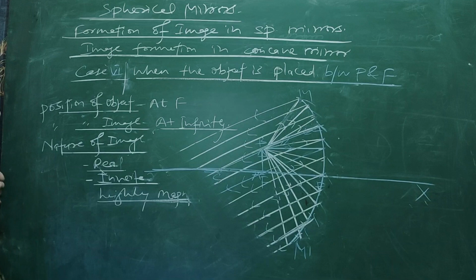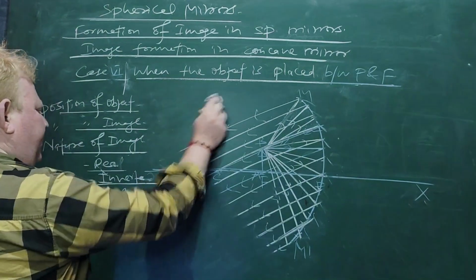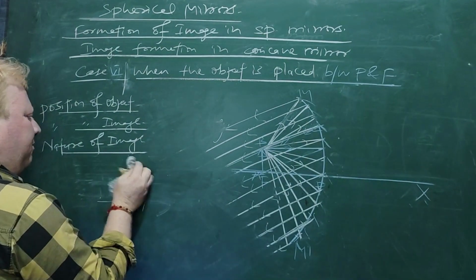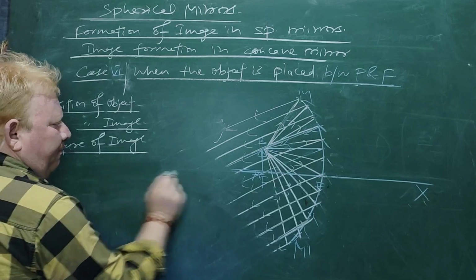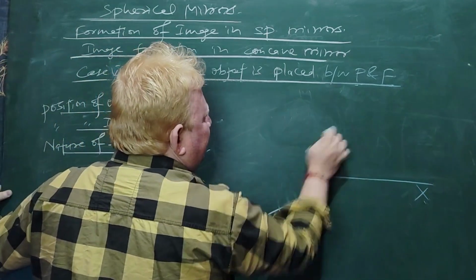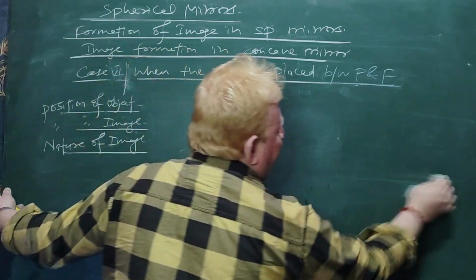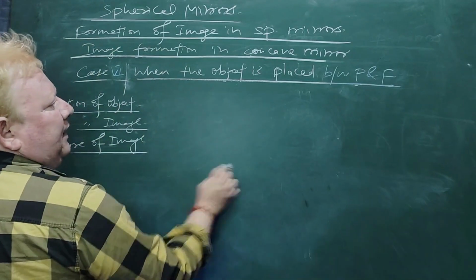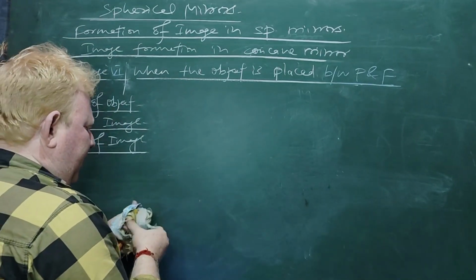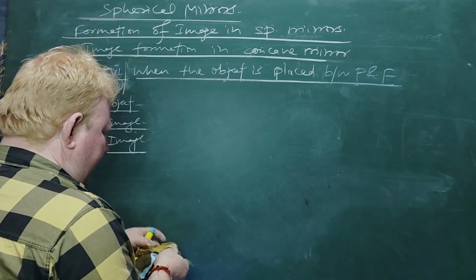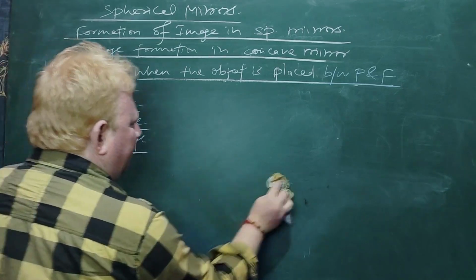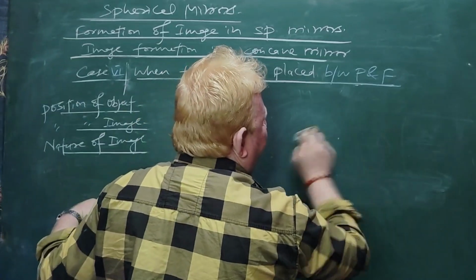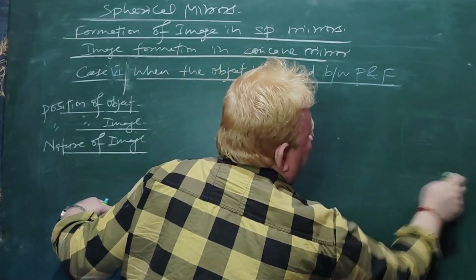So when the object is placed between P and F, let us see what type of image is being formed.